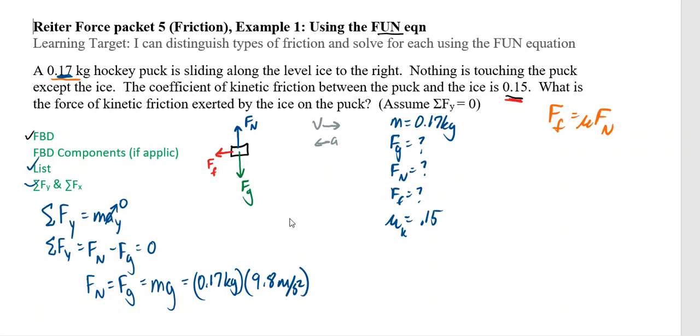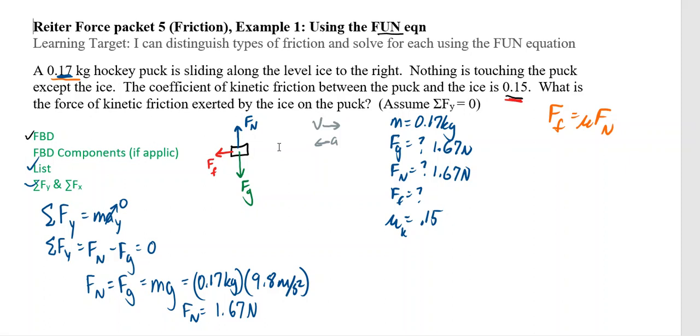So I'll tap that into the calculator, and I'll get normal force, which is equal to gravitational, is equal to 1.67 newtons. Okay, so both the normal and the gravitational are 1.67 newtons. As you can see from the free body diagram, the normal force is 1.67 newtons upwards, and gravitational is 1.67 newtons downwards. Some people like to put in the negative signs here. I just figured the free body diagram is much better at taking that into account.